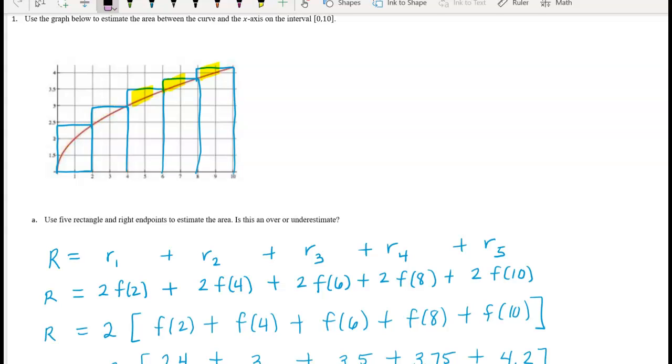For part B, we're going to use the same bases, but now we're going to use the left-hand side for the height of the rectangles. Still at 2, 4, 6, and 8, but now 0 will be one of the heights that we consider.